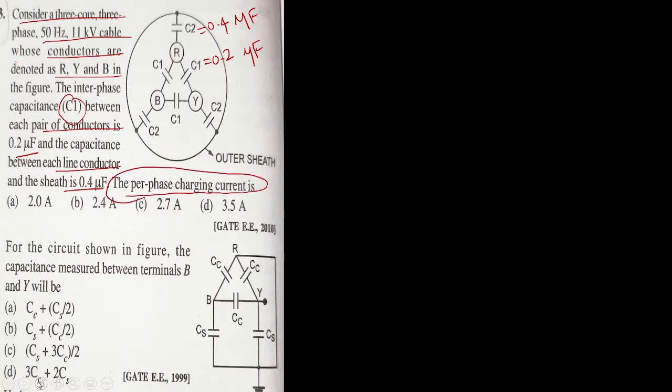First write down the formula to obtain the per phase charging current, later we will discuss about the rest of the thing. First of all, per phase charging current, according to Ohm's law, it will be equal to per phase voltage divided by reactance per phase, can be written as 1 upon omega c. I am not considering the j, I just want magnitude.